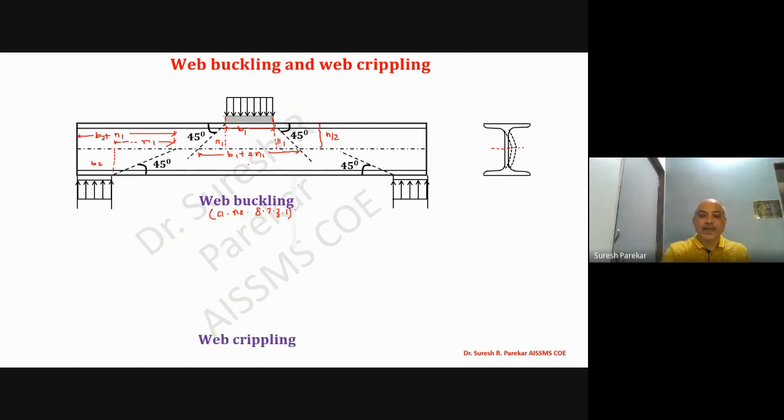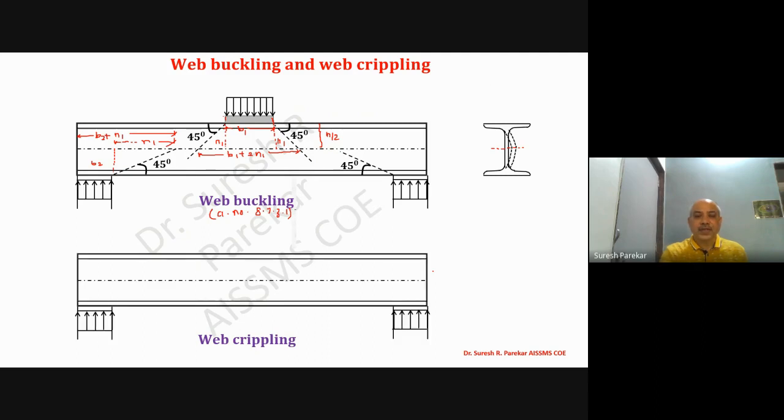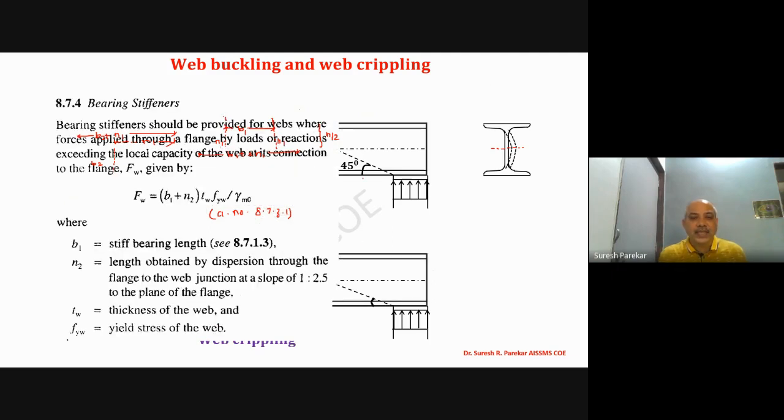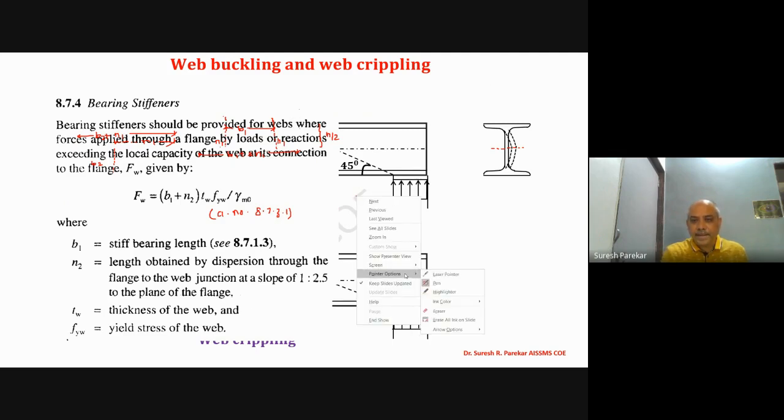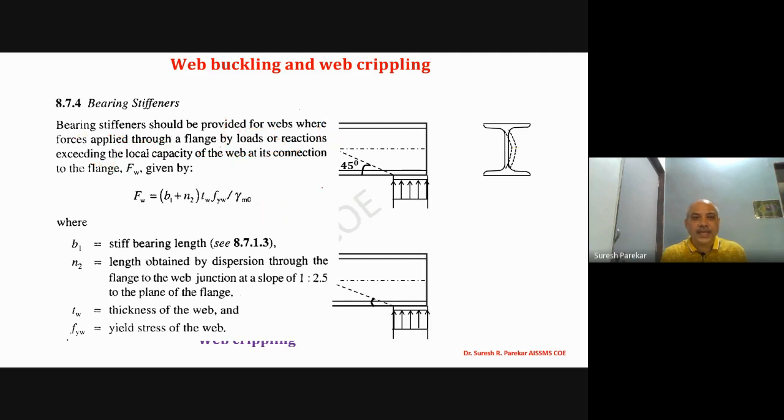Then we have the second, that is web crippling, and in this web crippling we have again, in the same fashion, this beam, and now how we are going to transfer this load and where, that is most important. So you can see this. I will just rub this portion, and then we have this: a bearing stiffener should be provided for webs where forces applied through a flange by loads or reactions exceed the load capacity of the web at its connection to the flange.